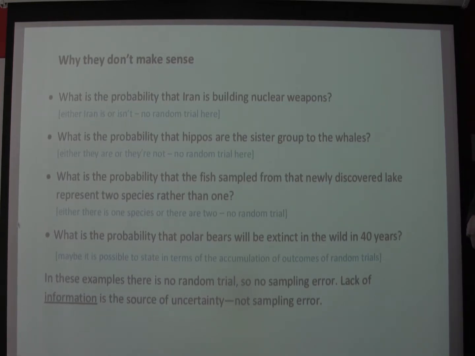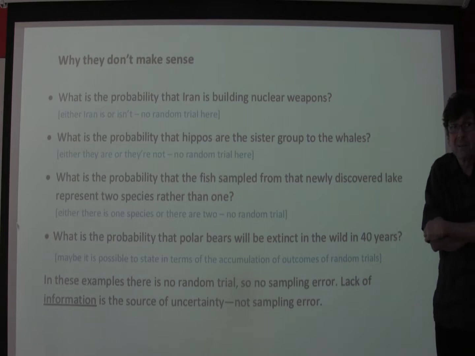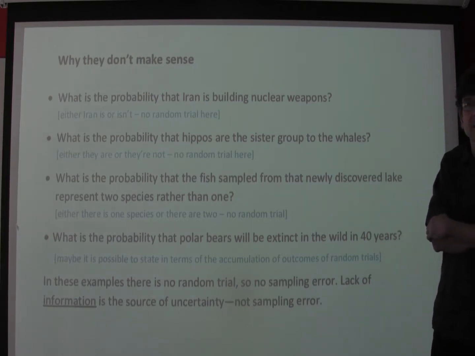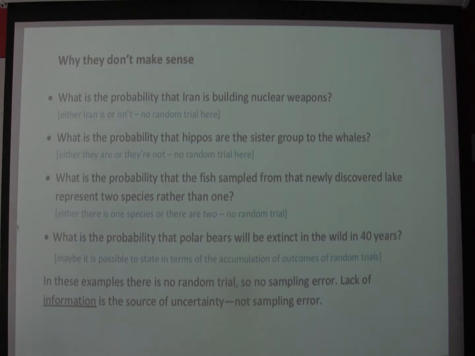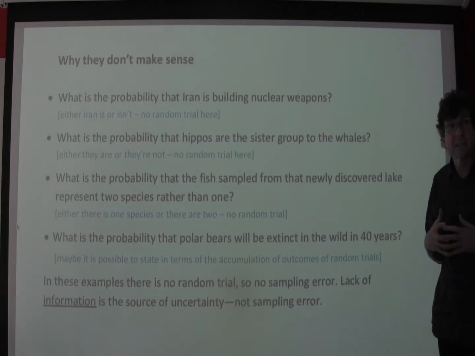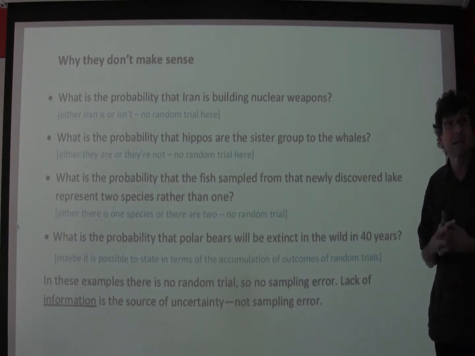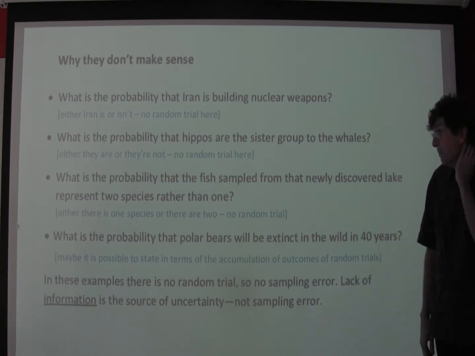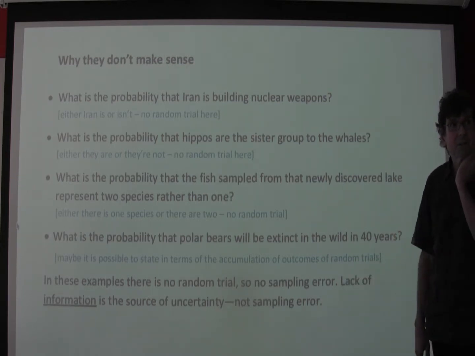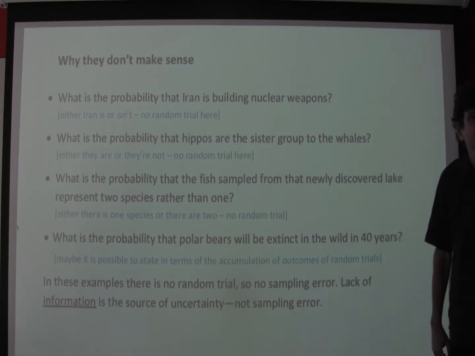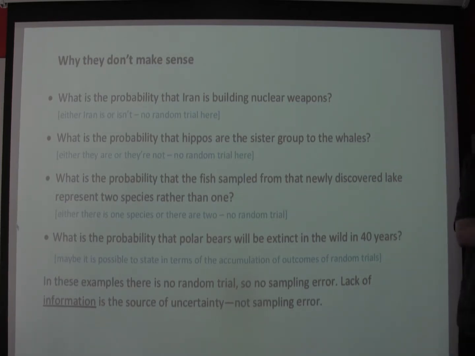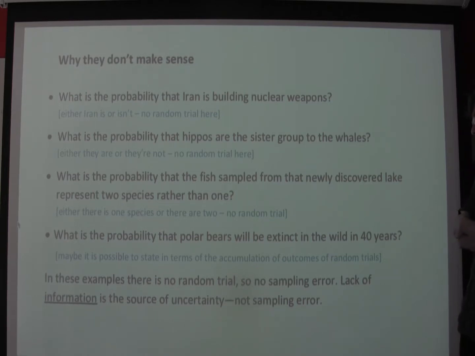What's the probability that polar bears will be extinct in the wild in 40 years? Well, there's only one polar bear, so it's difficult to cast this in terms of random trials. But there are stochastic processes like genetic drift where we can calculate probabilities, and so maybe it might be possible to look at the future of polar bears in terms of stochastic processes that lie ahead and actually calculate a probability that makes sense, but I don't know.